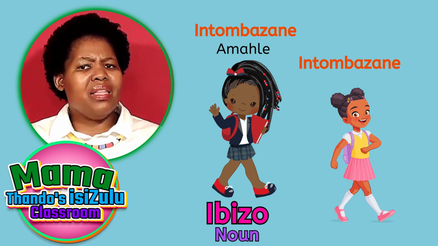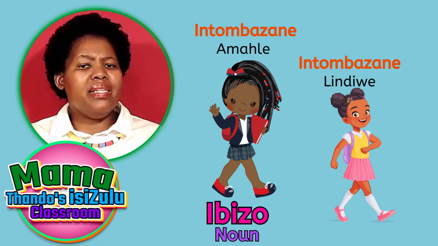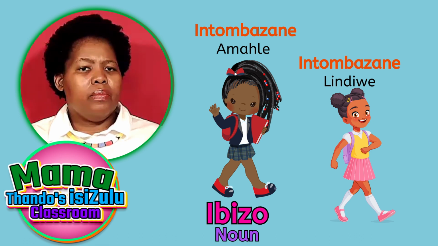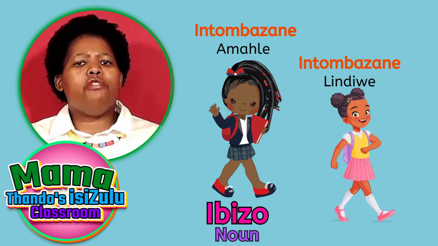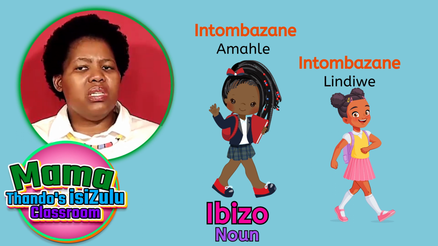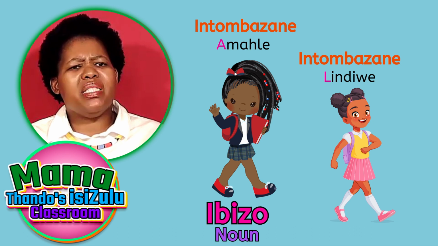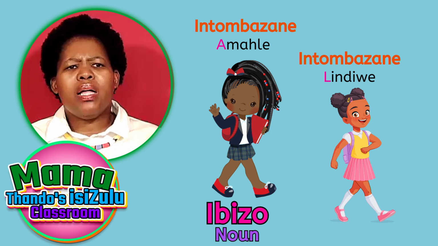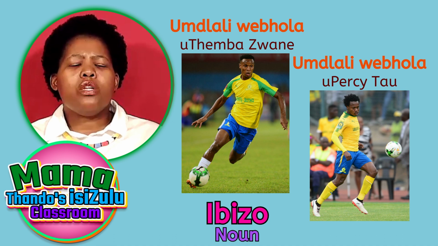Like this girl is Amahle, and this is Lindiwe. Those are proper nouns, the names for each of the girls you see. And since they are proper nouns, we show them some respect by using capital letters on the first letter of the proper noun. Let's look at some examples of common and proper nouns.